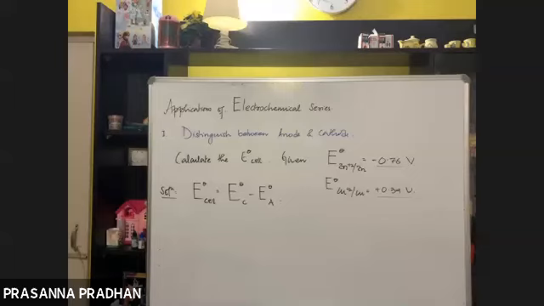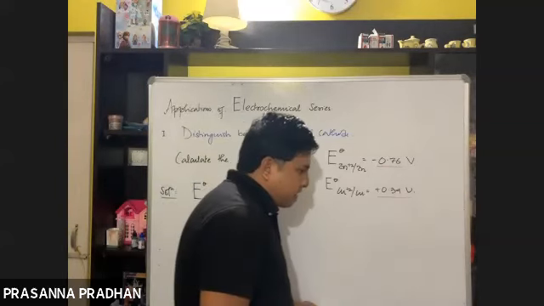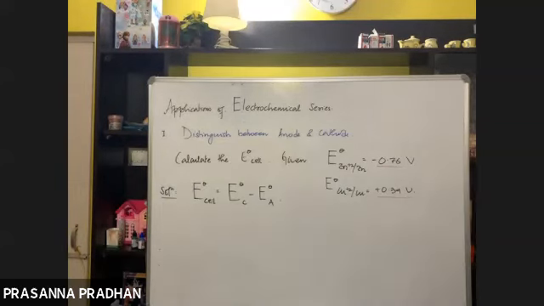Now, tell me, which one has a higher reduction potential value out of these two? Zinc has minus 0.76, copper has plus 0.34.